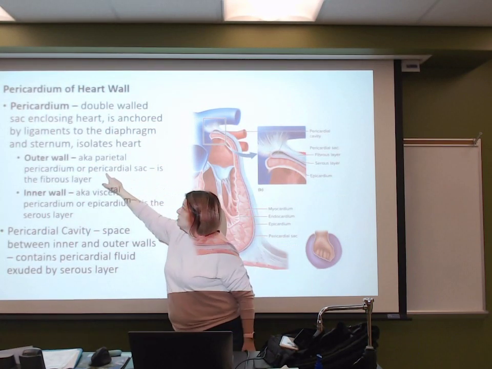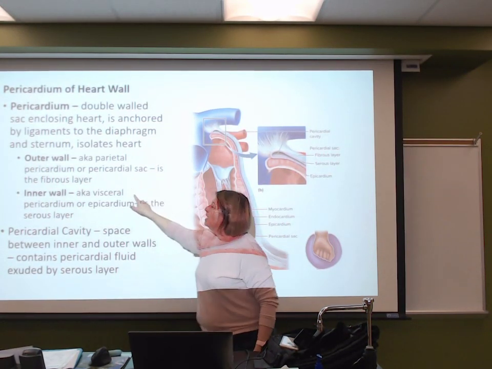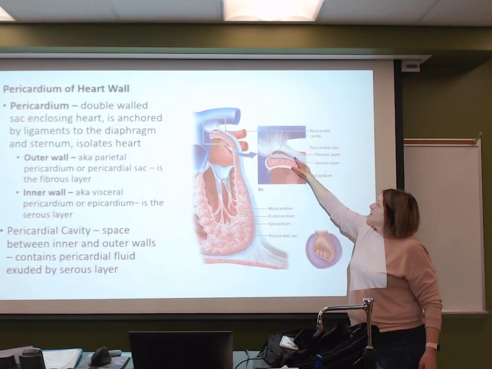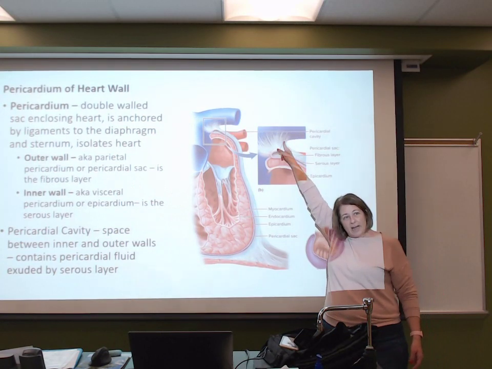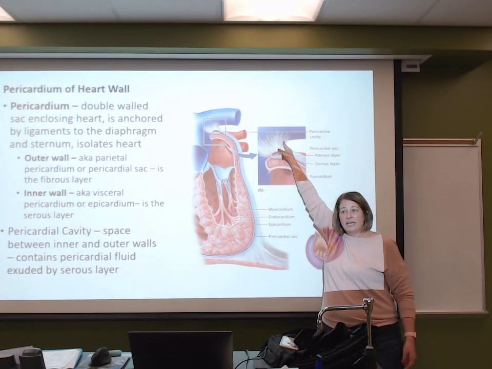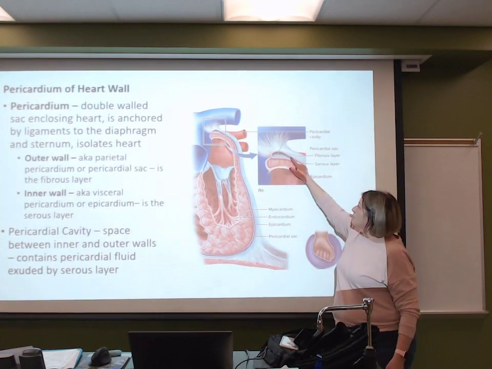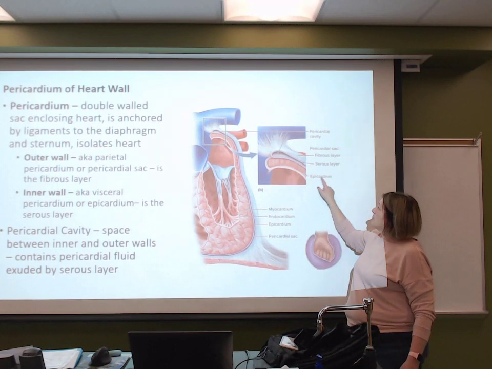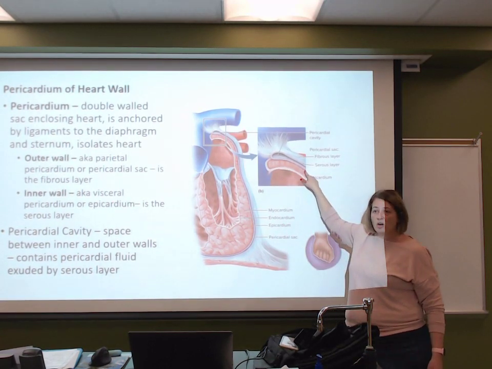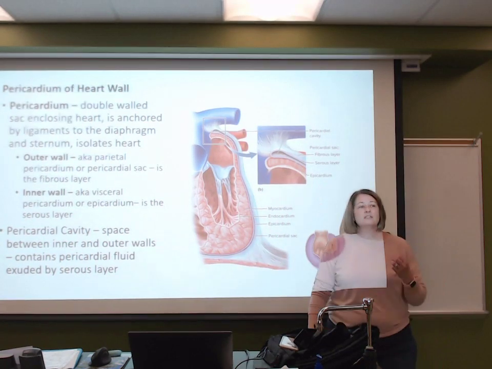The outer portion is termed parietal or pericardial, and it is fibrous because it gives fibers. It allows for the fibers to anchor. The inner portion, also known as visceral or epicardium, this one is serous.